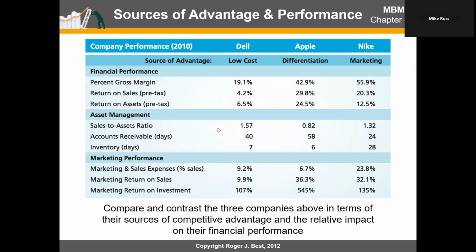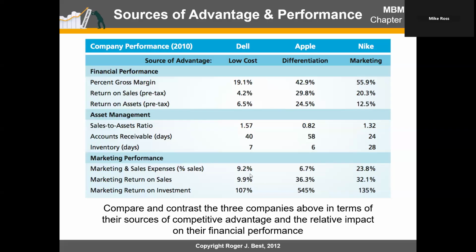We can see the sales to assets ratio quite a bit higher here with Dell than Apple. So that is, I would say, the inverse of this, the cost associated with having to market this product. So we can see this in 4.2 versus 29.8.